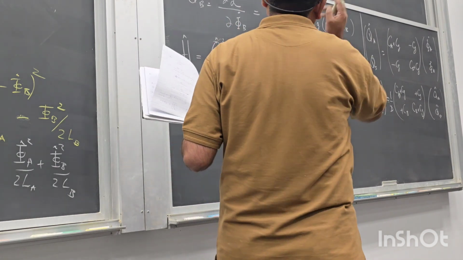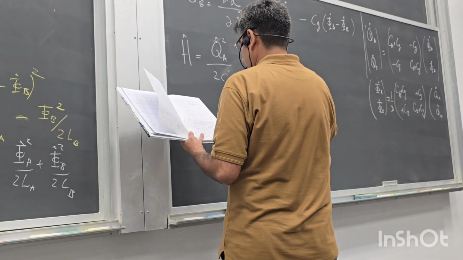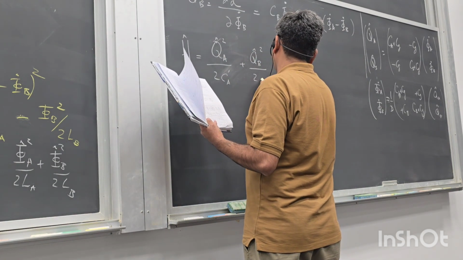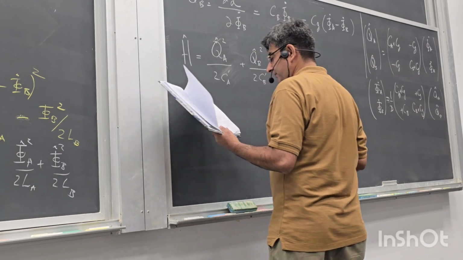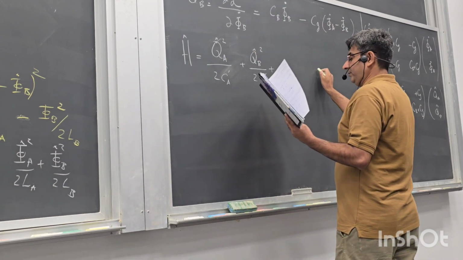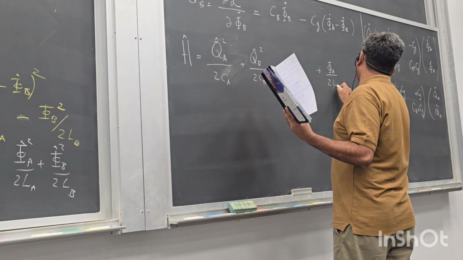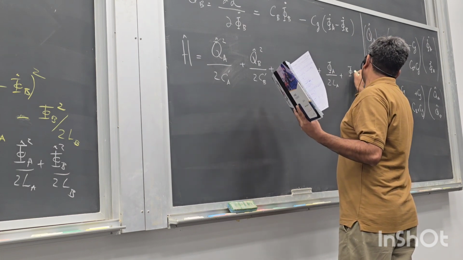I'll define what CA prime is. Plus QB square over 2CB prime, plus phi A square over 2LA plus phi B square over 2LB.